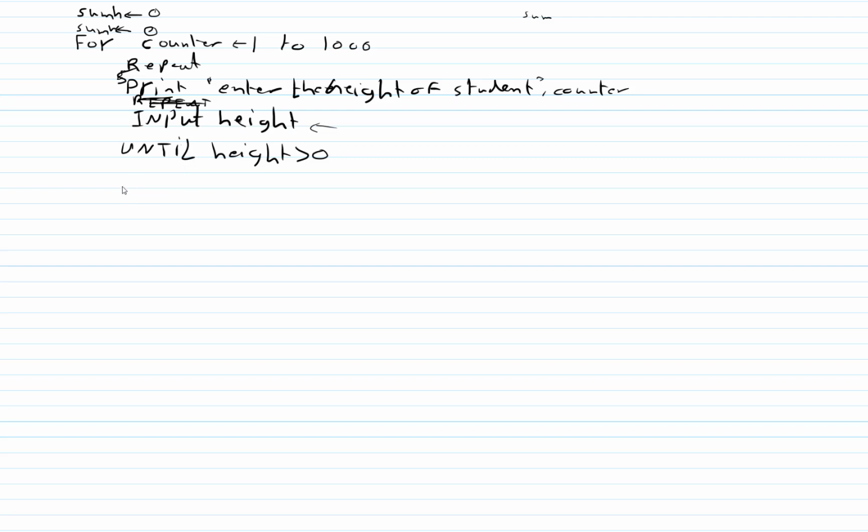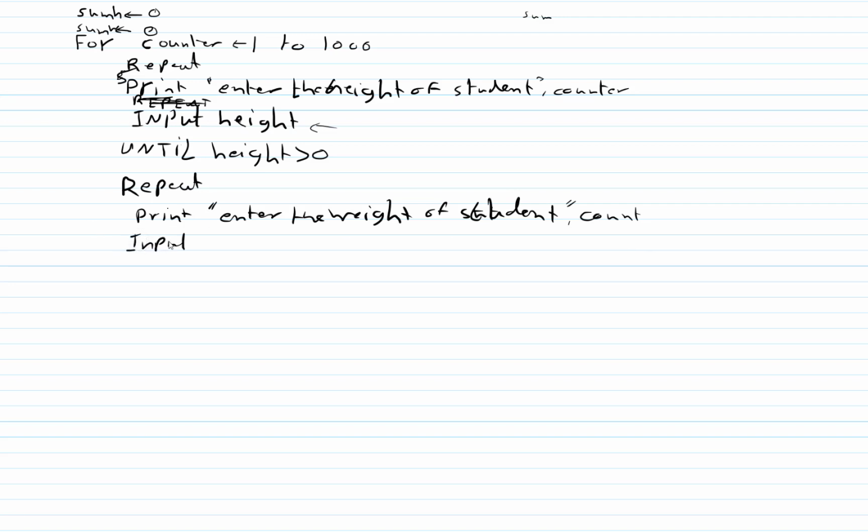So we write repeat, and here we prompt the user print enter the weight of student, and we give it the counter just to print the number of the students, student 1, 2, 3, etc. And input weight.